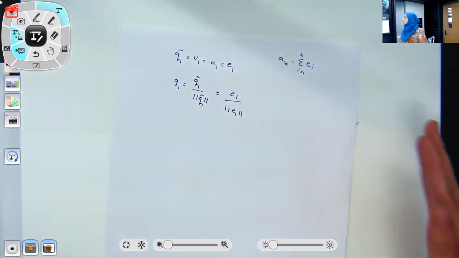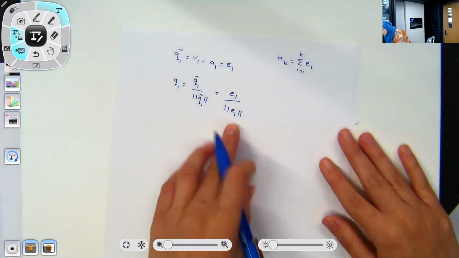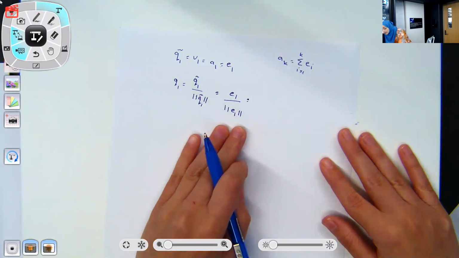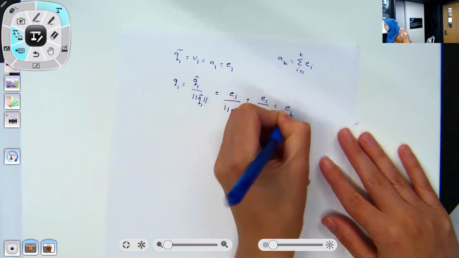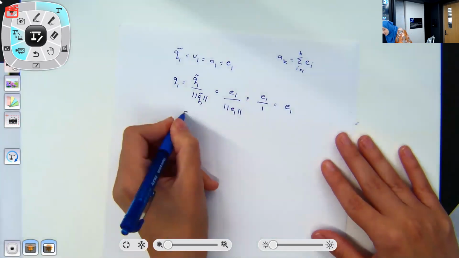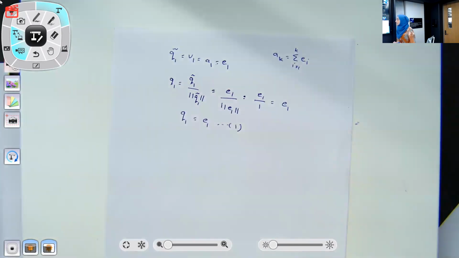And we know that e1 is the vector whose entries are all 0 except for one entry that is 1, and the norm of this vector equals 1. So here we have e1 divided by 1, which equals e1. So we can find that q1 equals e1. This is the first thing.